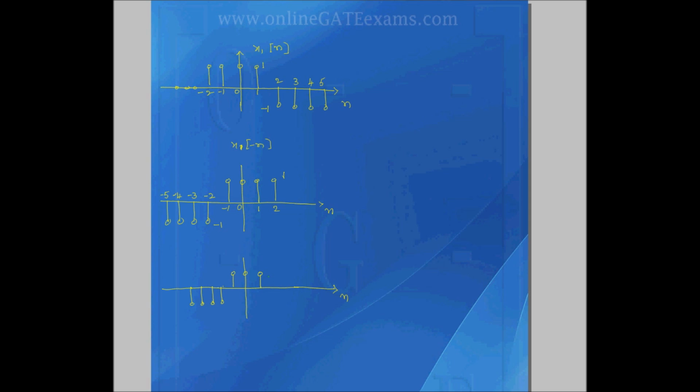At minus 2, what will happen if I add those two? So this signal will not be there, right? At minus 2, this is 1, and at minus 2 this is minus 1. So 1 plus minus 1 will be equal to 0. So clearly you won't have this plot here. Okay, so at minus 2 it will be 0. So at minus 1, 0, 1.